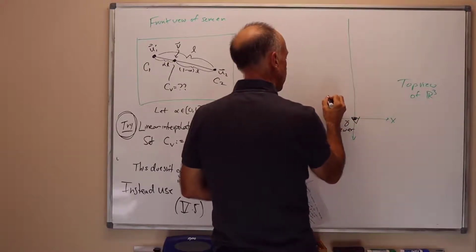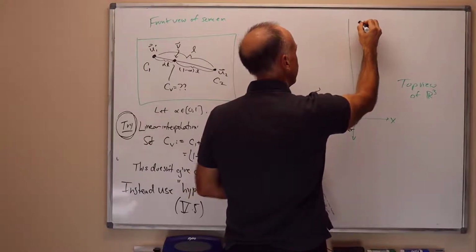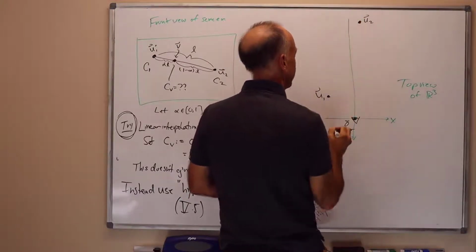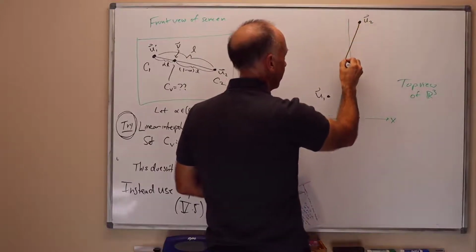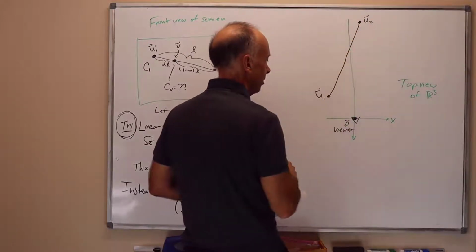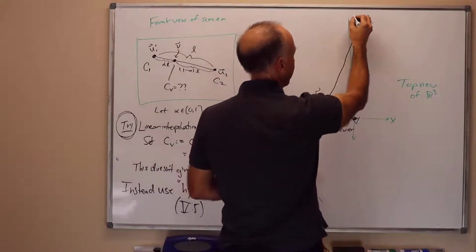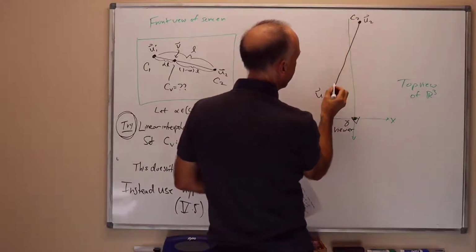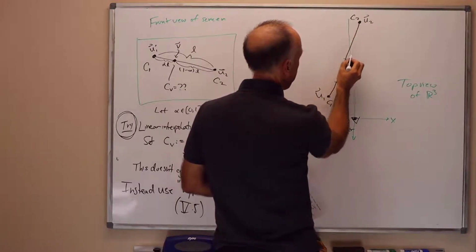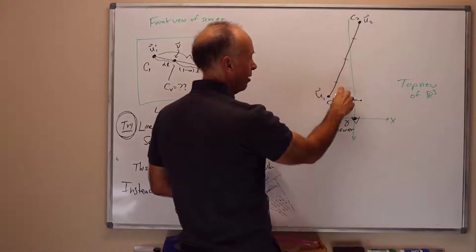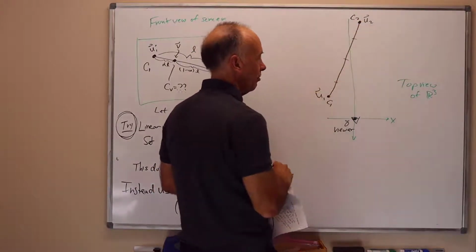And maybe the point U1 is sitting here, and the point U2 is sitting here. And we can think of in R3 drawing the line between U1 and U2. And suppose this has color 1 at one end and color 2 at the other end. Let's try splitting this up into 4 equal segments. So here's 1/4 of the way from U1 to U2, 1/2 of the way, 3/4 of the way, all the way from U1 to U2.